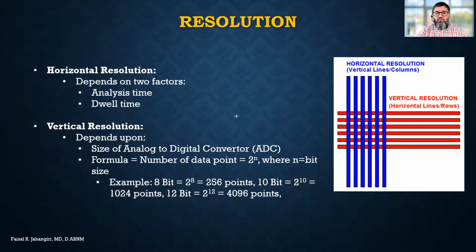So an 8-bit analog to digital converter has 256 points, 10-bit has 1024 points, and 12-bit has 4096 points from top to bottom. So a 12-bit analog to digital converter has 4096 points from top to bottom, so the screen resolution will be much better as compared to an 8-bit converter.